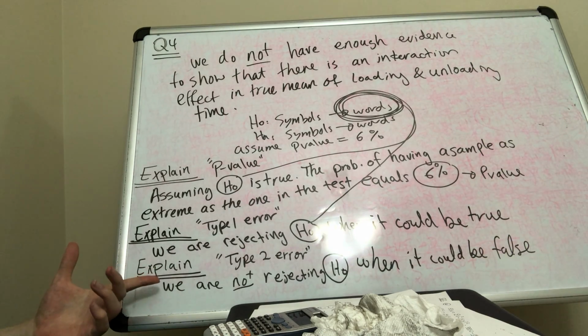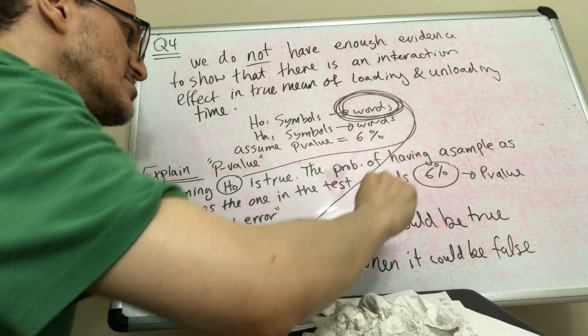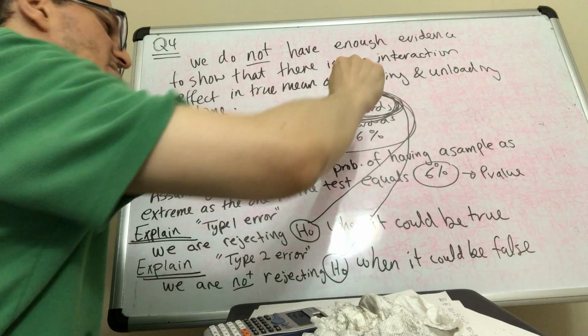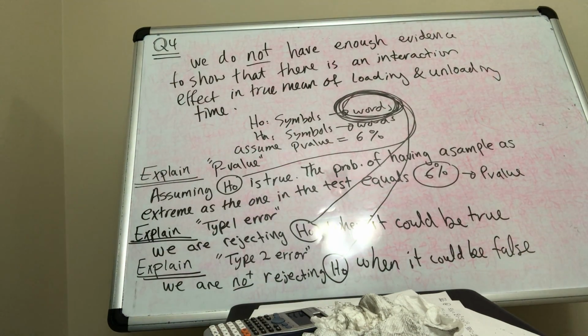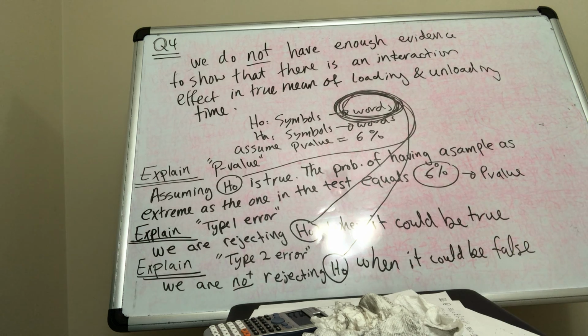Again, the meaning or the explanation of type 2 is standard. We are not rejecting H0 when it could be false. And instead of H0, you have to say what H0 is in words. Now, type 2 comes with a risk beta. There is a way to calculate it, but you don't need to know. You're not responsible for that.